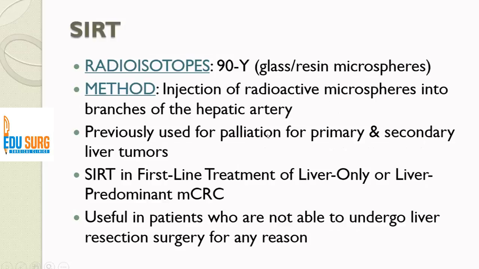Now, a few liver-directed therapies. These are therapies in which radioactive microspheres are administered intra-arterially directly into the metastatic liver lesions. The commonest ones which are used are TheraSphere and SIR-Spheres, which are glass and resin microspheres respectively.